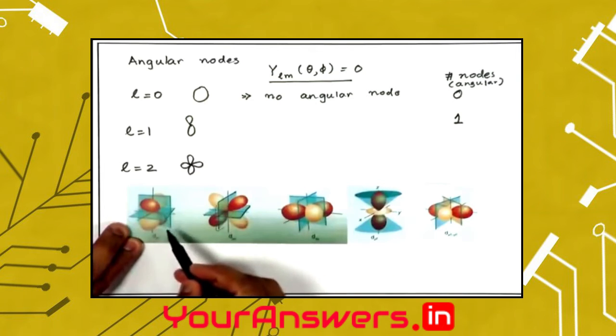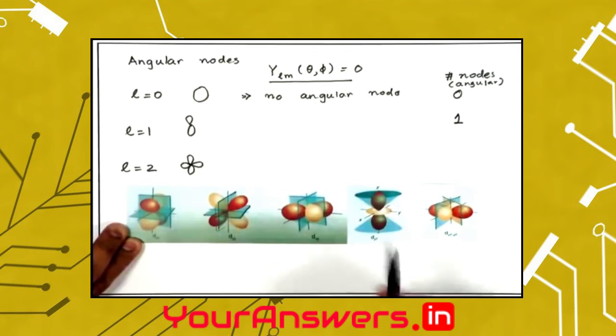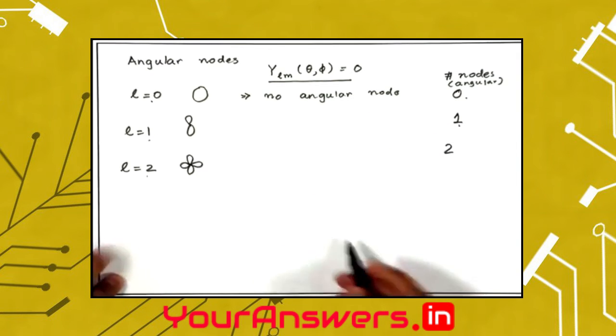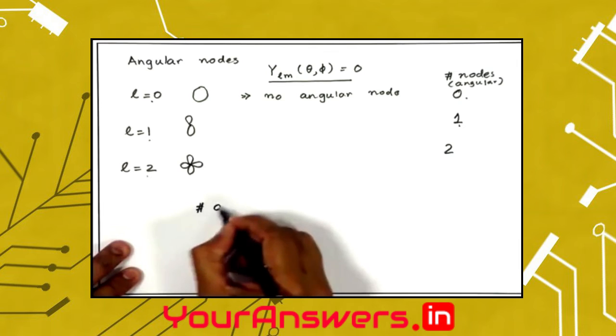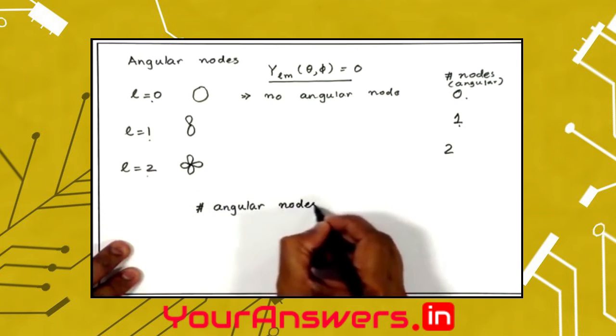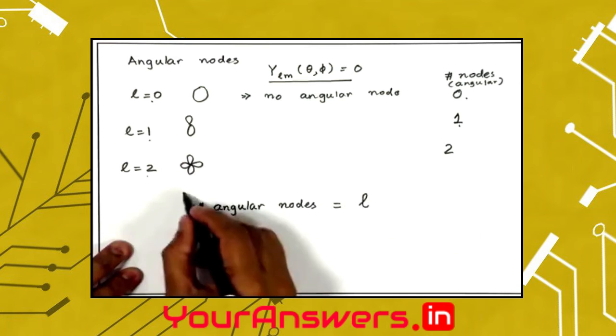As you can see, in each of these d orbitals there are 2 angular nodes. So, in d orbitals you get 2 angular nodes. So, we can in general write that the number of angular nodes is equal to the value of L.